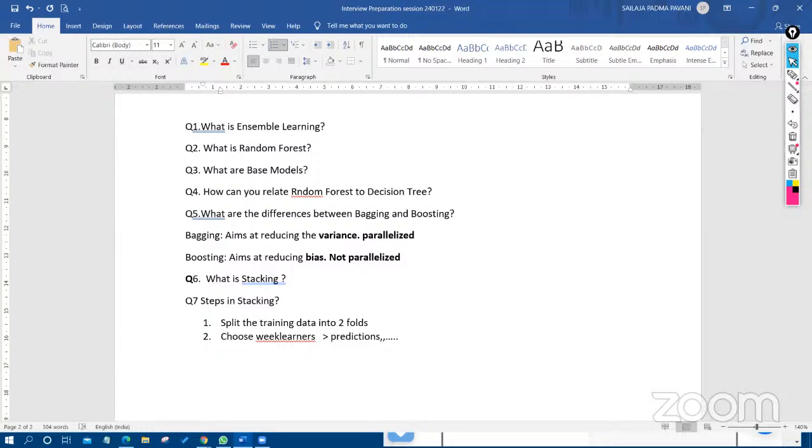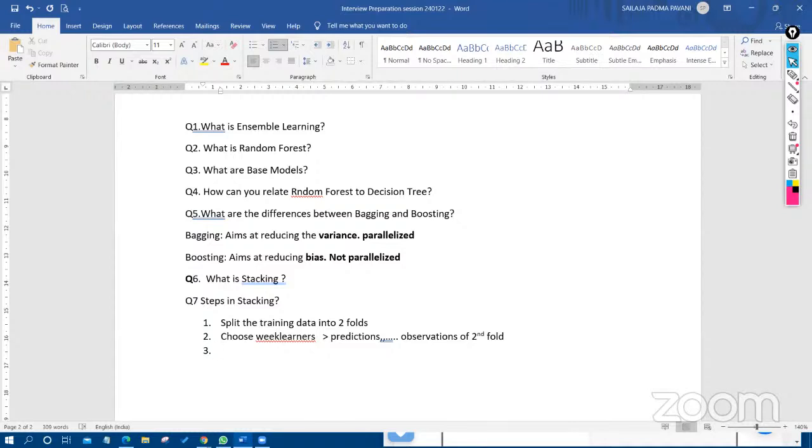Are you getting the point? These predictions are going to be observations of the second fold, right? Next, fit the meta model on the second fold. What do you do once you get the observations for the second fold?